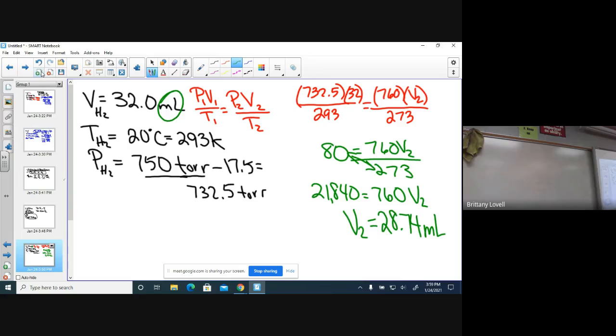what would we expect if the pressure from the beginning to the end went up, right? So if we know anything about the relationship between pressure and volume, if pressure goes up, volume should go down if there's not too much of a change in temperature, and that's exactly what happened. The volume went down by just a smidge.